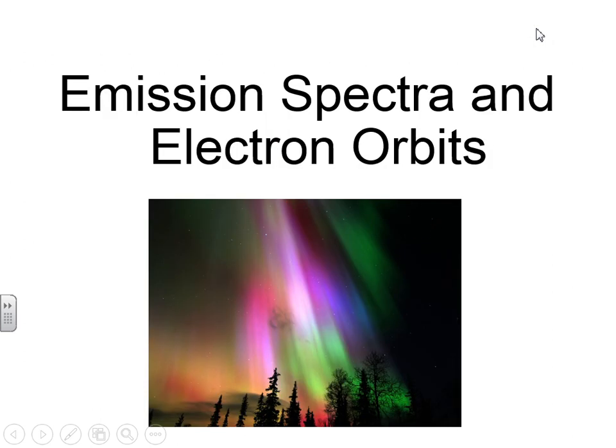Next, we're going to talk about the emission spectra of different elements, and this will be kind of the core experimental finding that allows us to see electrons on the inside. Remember that the reason we're studying light is because light allows us to understand how electrons behave. You may be aware of this phenomenon. It's called the northern lights. Fancy word is aurora borealis.